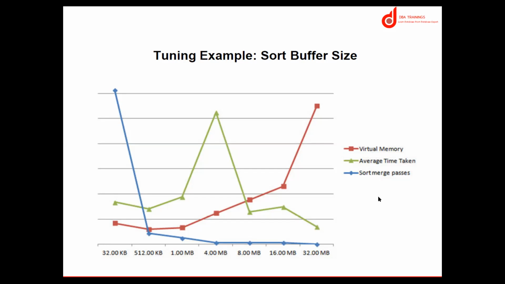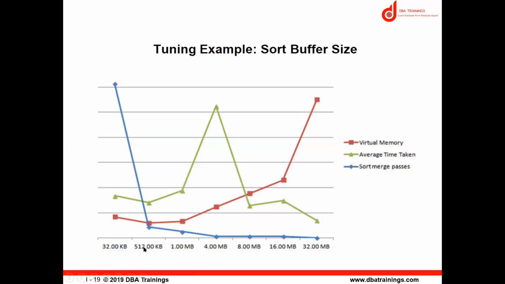and we can change the sort merge passes status, from 32 KB to 512 KB sort buffer size. Then how much does it reduce? That's what the example is showing.